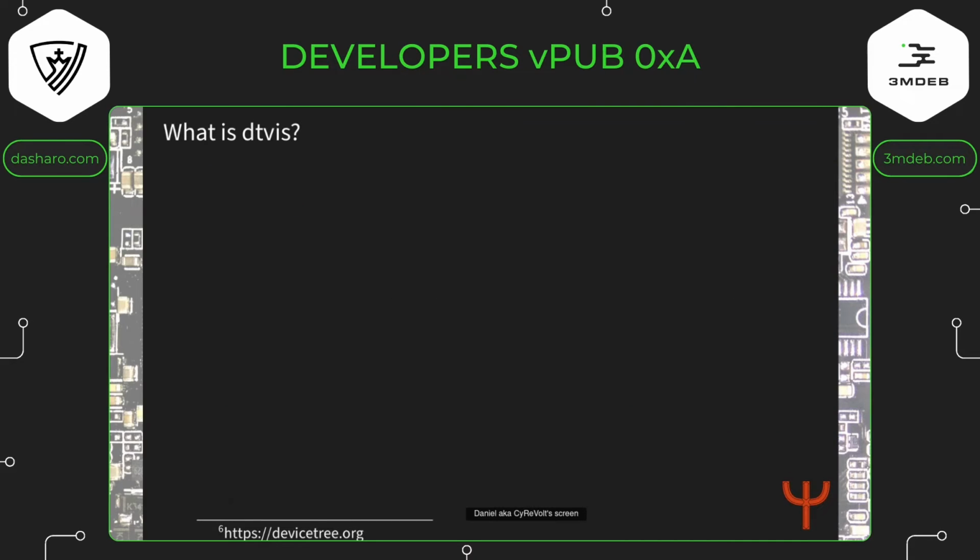So what is the device tree visualizer? Well, it's a tool that will take a device tree blob, so that would be the binary representation of a device tree. And then it will parse it and visualize it in the tree form, as you know how you would draw a tree, right? Like, you maybe did that at school or at university, maybe when you learn about data structures and trees.